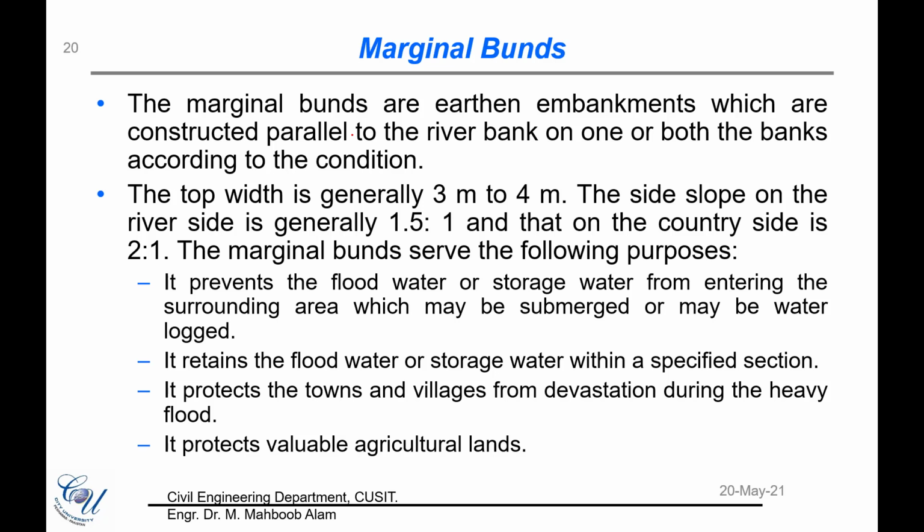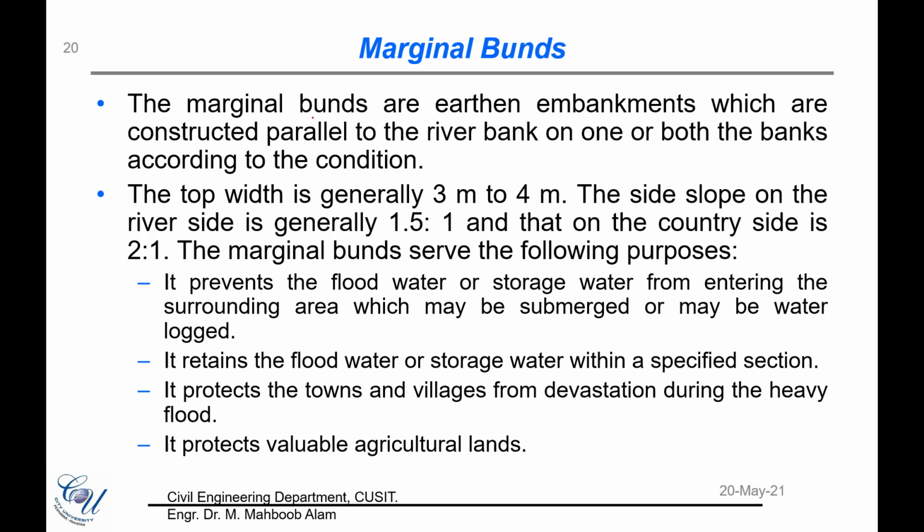Their top width usually ranges between 3 meters to 4 meters, but this is just a value which mostly depends upon the condition of the river: how big the river is, how much water is being diverted to the channel. So it all depends upon the particular layout and particular section of the river. It's not in any way a guiding principle that it should be between 3 meters and 4 meters.